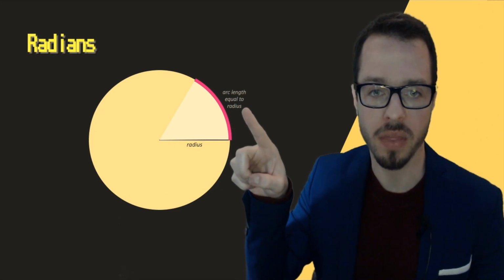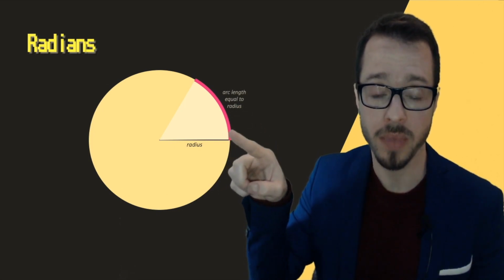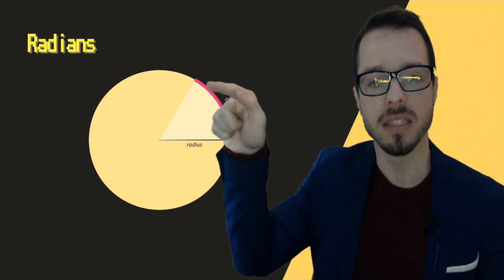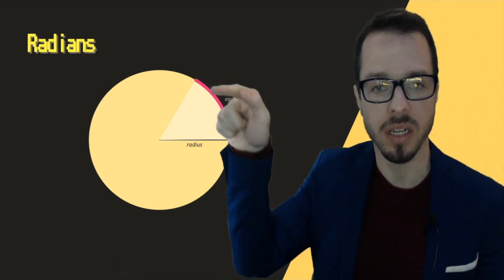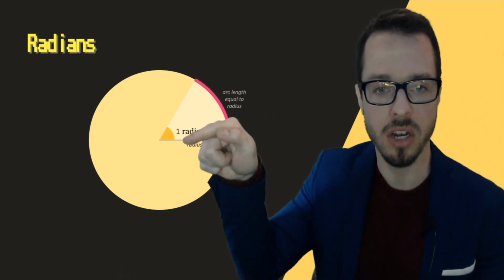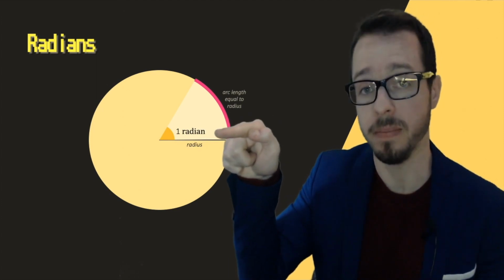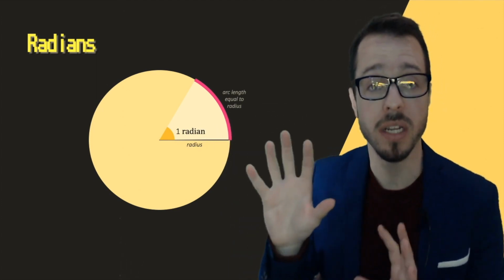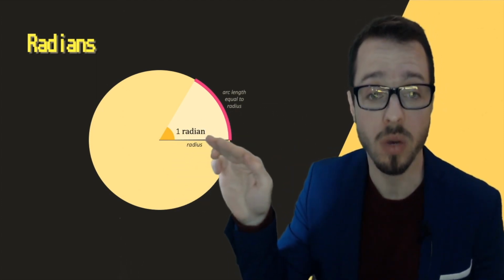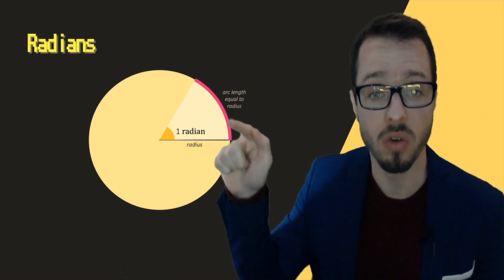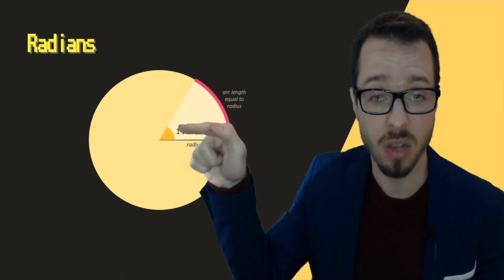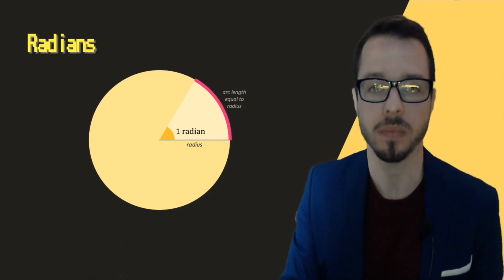So the arc length is equal to the radius. If I travel this much on the arc, the angle that is formed here is 1 radian. That is how 1 radian is explained. If I travel 1 radius, this angle right here is going to be 1 radian.